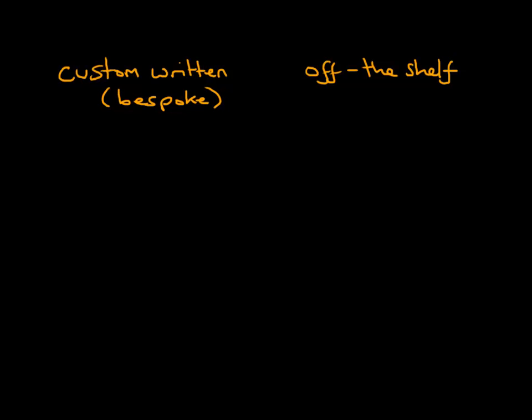So custom written software is software which is written specifically for a person or a company. And so there's a number of advantages of building software this way. One of them is that you can work specifically with your customer, and so you can take into account their preferences.